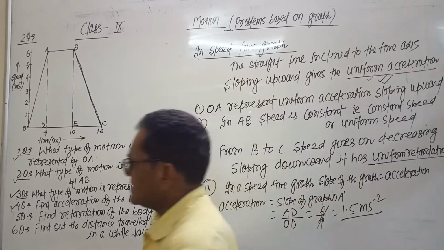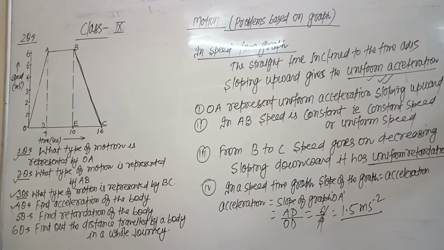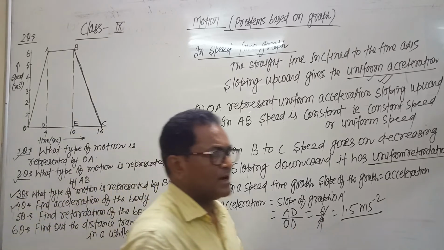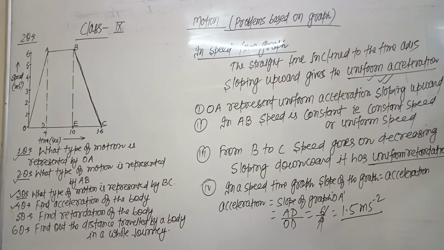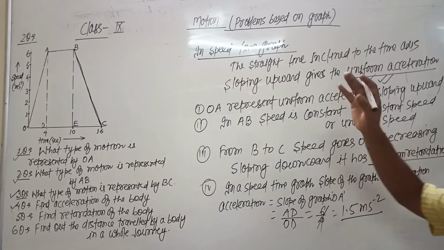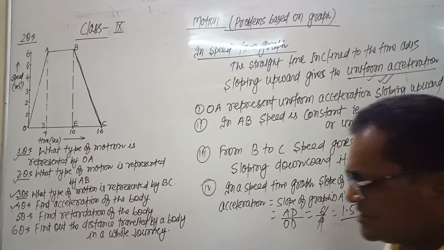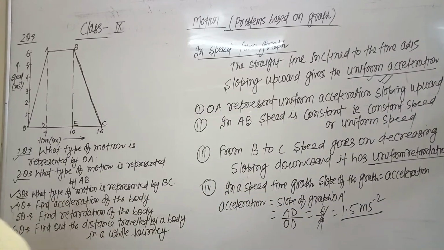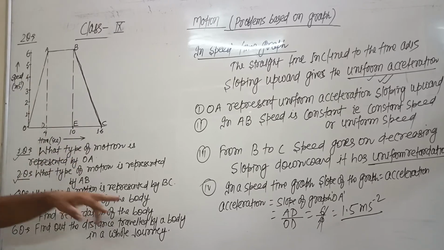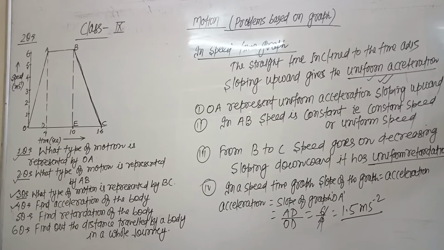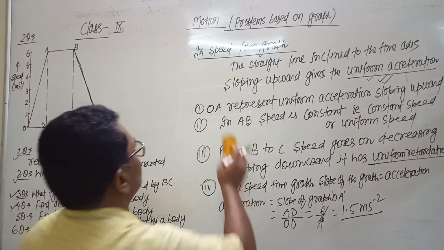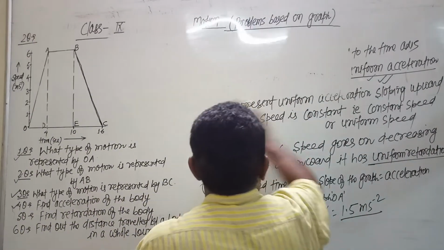So the uniform acceleration of the graph is 1.5 meter per second square.